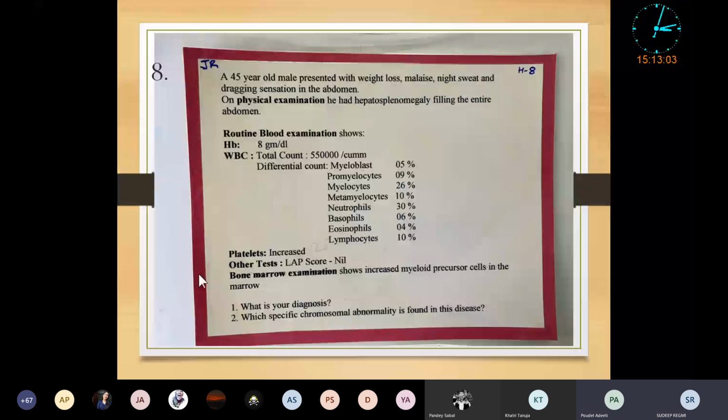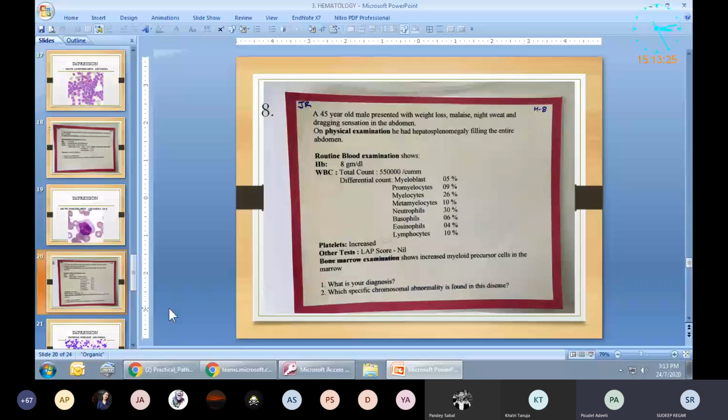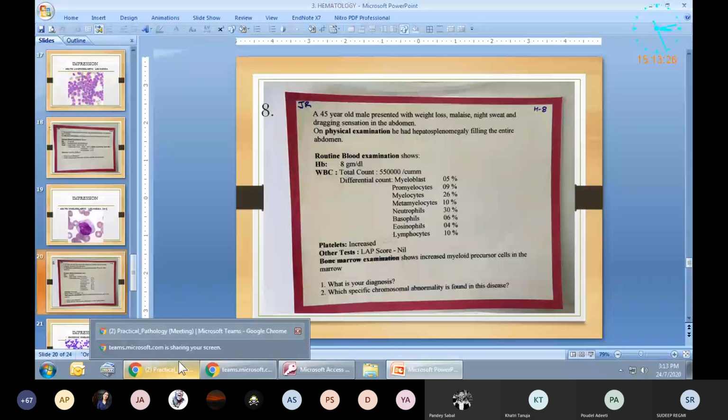Routine blood. Sorry, Aditi, I am not getting your voice. It is breaking. A routine blood examination shows hemoglobin 8. Again, your voice is breaking. Do you have any problem with the internet?